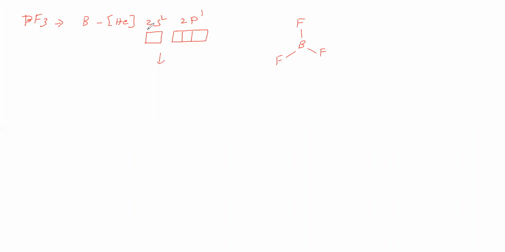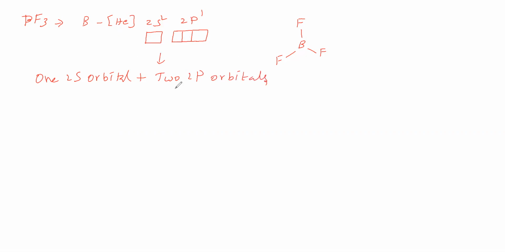So from this valence shell we take one 2s orbital. We need three atomic orbitals in total for intermixing, so the remaining two you take from 2p. So two 2p atomic orbitals we are taking.